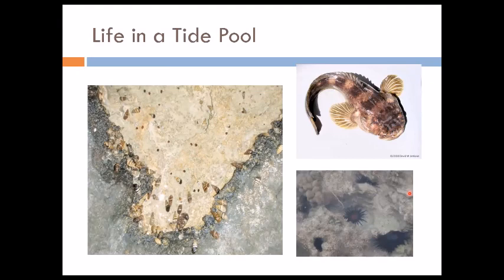Okay, and like I said, these are some of the organisms that you find living inside a tidal pool area. Right over here you see the sea urchins. Sometimes you see these little fishes that swim inside this water, and then once again we have periwinkles over here.